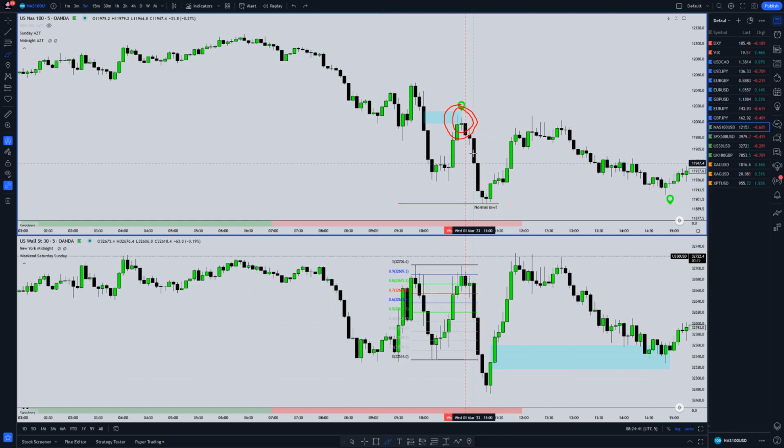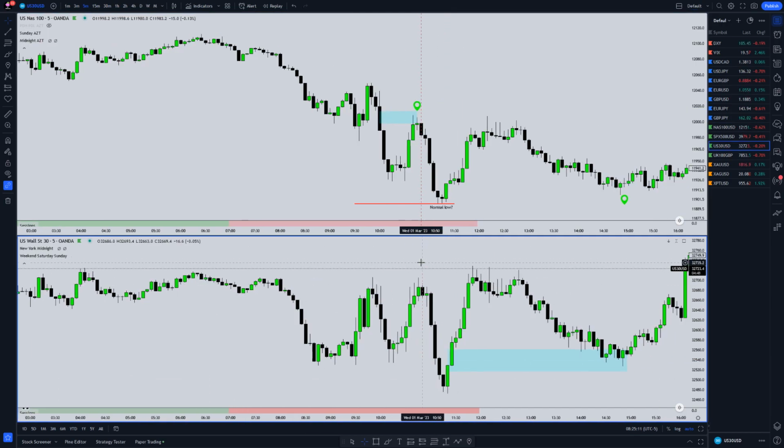It's much less likely for the weakest to suddenly become much stronger than the others. So back to this: NASDAQ retraced smaller, so NASDAQ is weaker. That means we'd place our short on NASDAQ instead of the Dow.